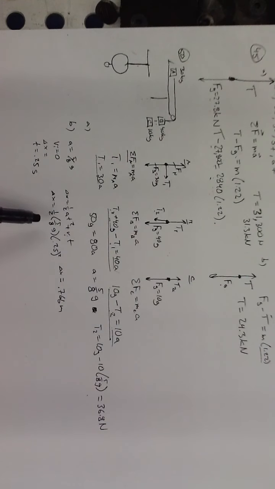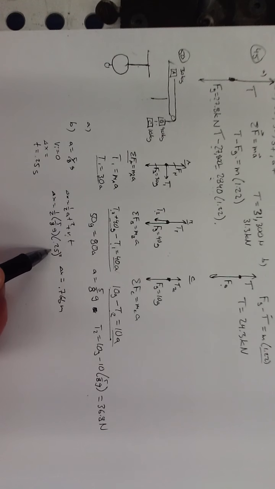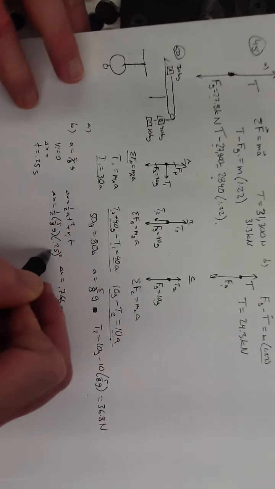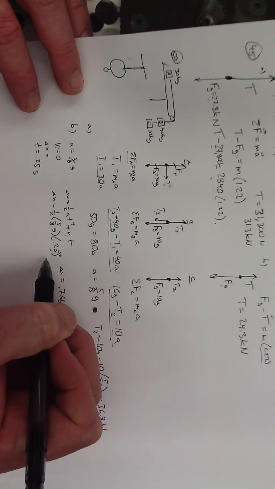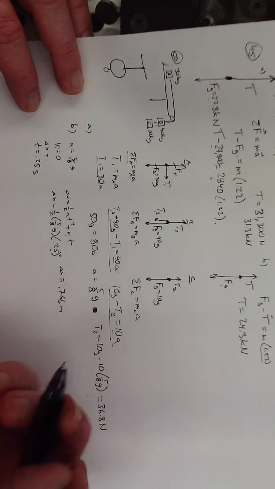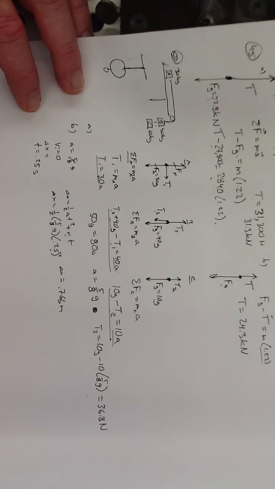So what did I do there? Well, if I got A right, I must have the right acceleration. So what did I do here? I messed something up. How far does A move? I'm not seeing it right off the bat here.